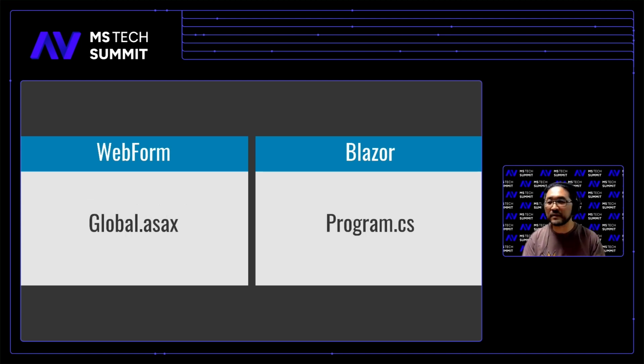In terms of application lifecycle management, Webform uses the global.asax file, while Blazor uses program.cs. Both files take care of the application pipeline and middleware; for example, the IOC container can be managed within global.asax or program.cs.